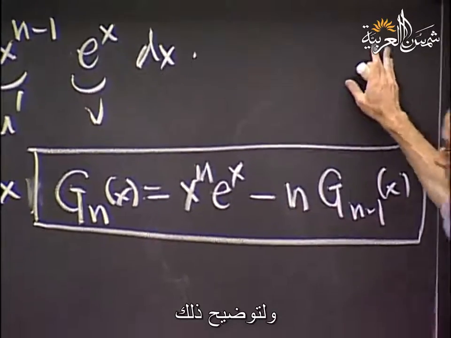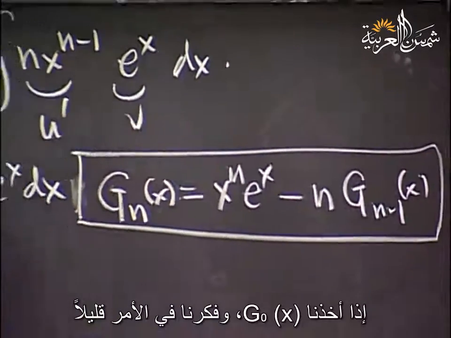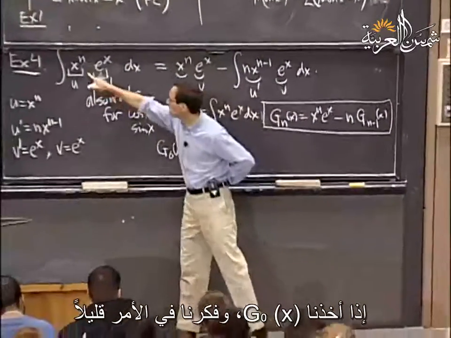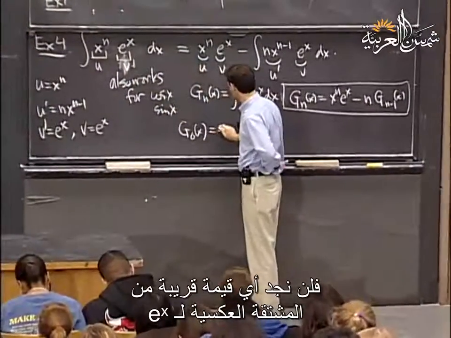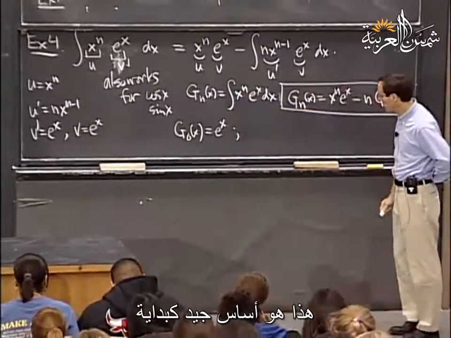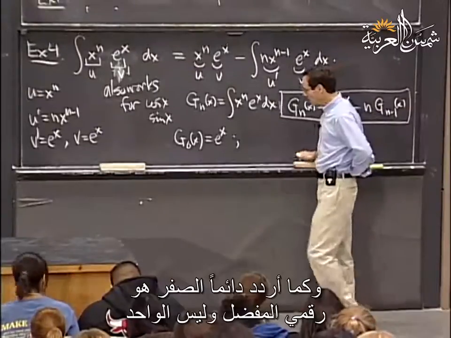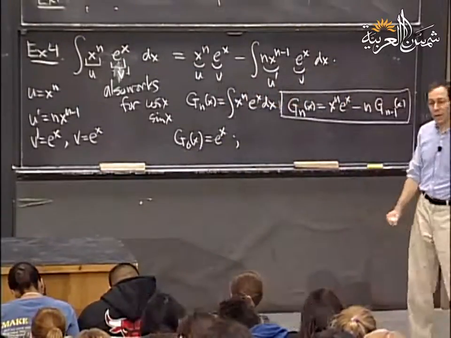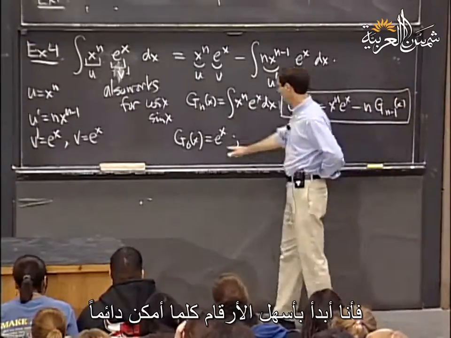And to illustrate this, if I take g0 of x, if you think about it for a second, there's nothing here, the antiderivative of e to the x, that's going to be e to the x. That's getting started at the real basement here. Again, as always, 0 is my favorite number, not 1. I always start with the easiest one, if possible.